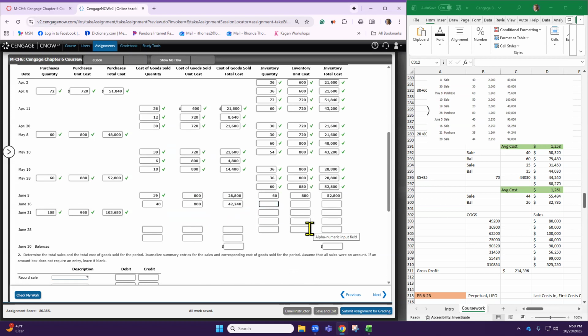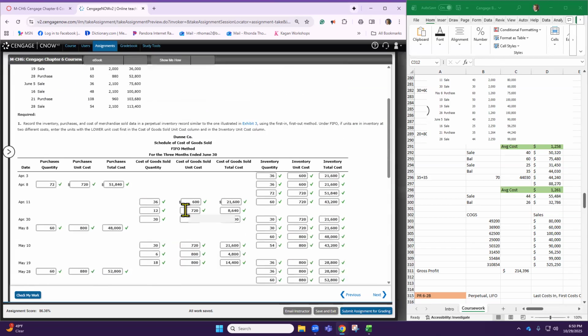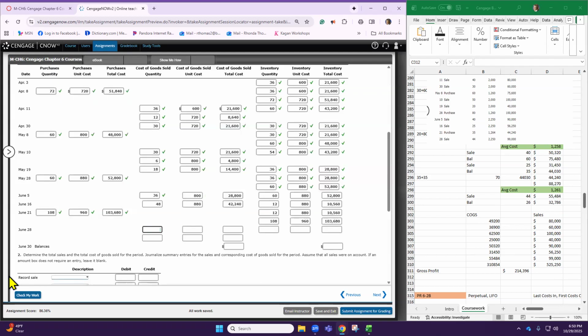Okay, and then that means we have 12 remaining at 880, which is 10,560. Bring that down before the next purchase. And then the next purchase comes in, and then the final sale. The final sale is 54 units.